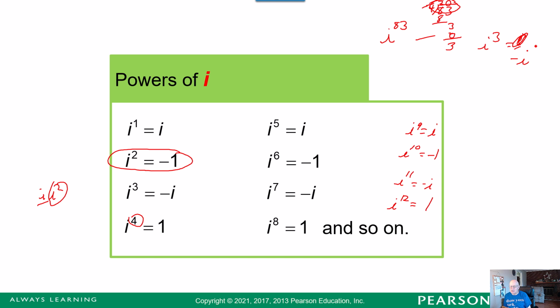It cycles in a cycle of 4, very much like the clock does. It goes 1, 2, 3, 4, 5, 6, 7, 8, 9, 10, 11, 12. Then what? 13? Not unless you're on military time. It goes back to 1. Back to 12 again. Back to 1, and so on.